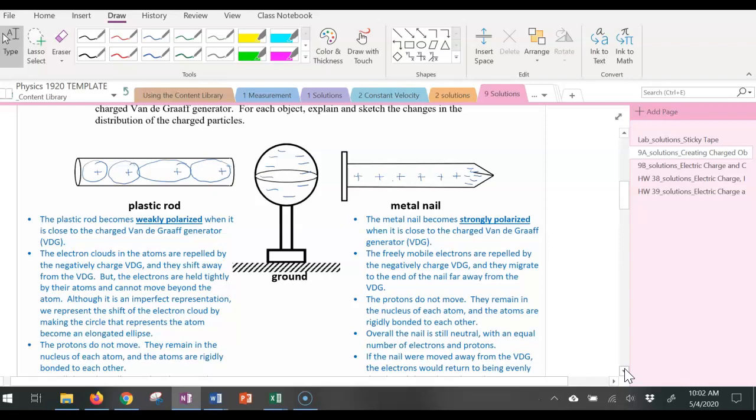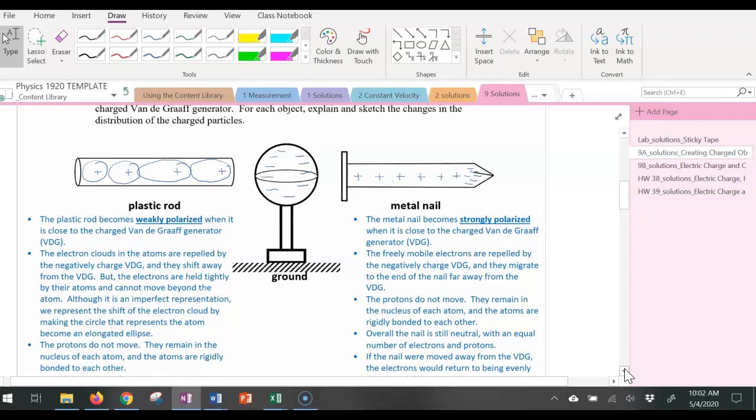I'm going to discuss the metal nail first. So when you bring that metal nail close to, but not touching, the Van de Graaff generator, the electrons inside the metal nail are repelled by the strong negative charge of the Van de Graaff generator, because like charges repel.